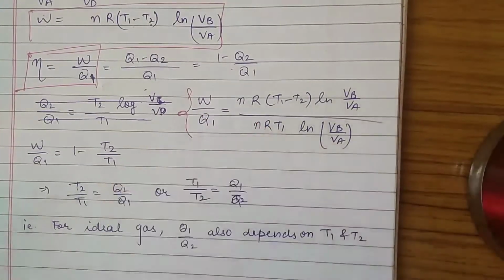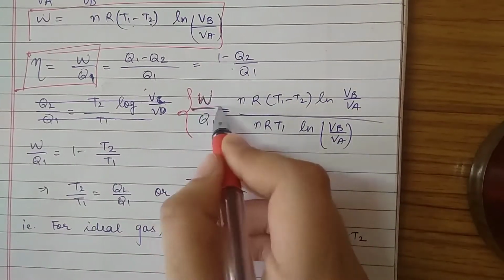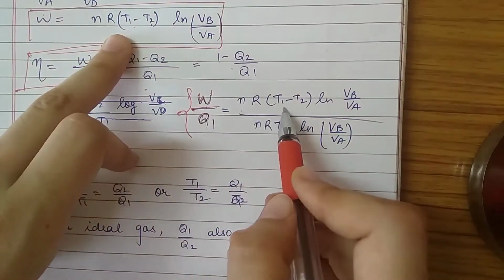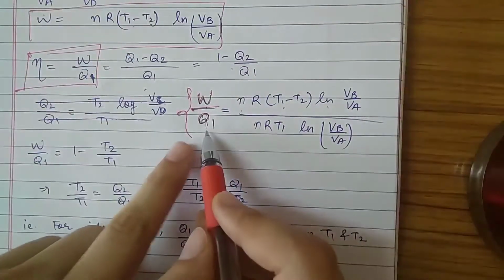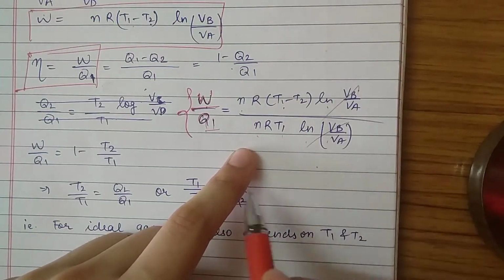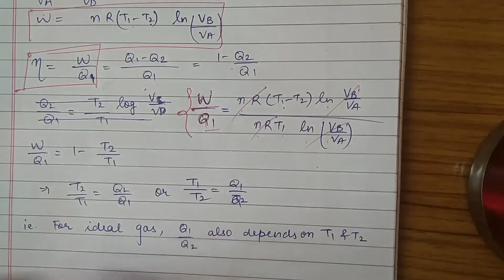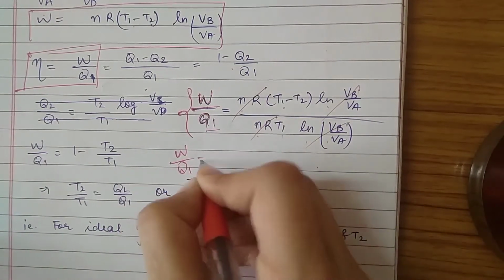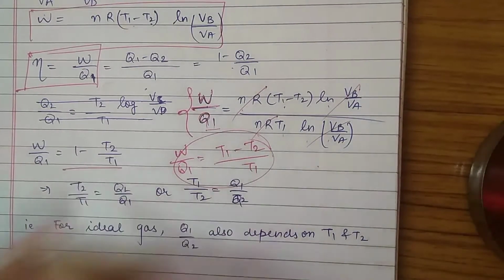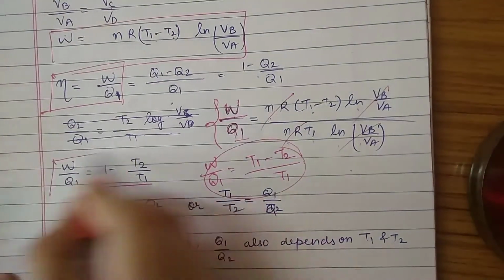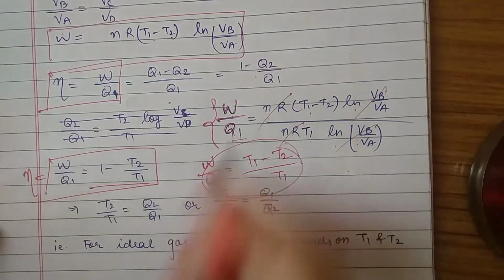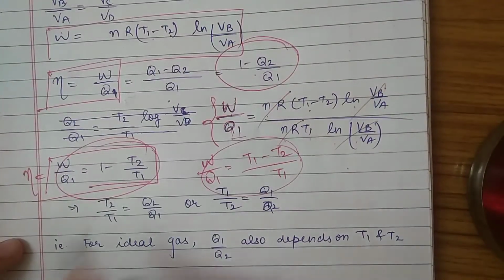Also we can write using the formulas which we have derived here: W upon Q1, where the value of W is nR times T1 minus T2 times log Vb by Va, and the value of Q1 was nRT1 log Vb by Va. This will get cancelled, nR will also get cancelled, and we will get W by Q1 equal to T1 minus T2 upon T1. On solving this we will get 1 minus T2 upon T1. So this is also the efficiency.